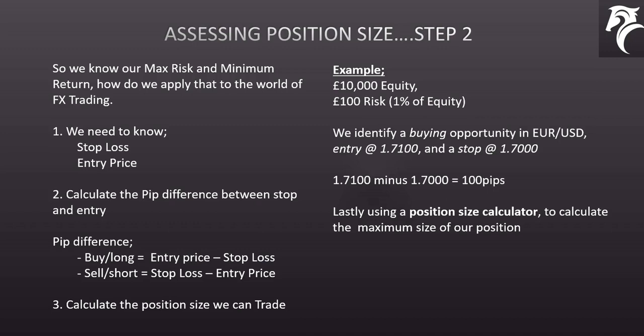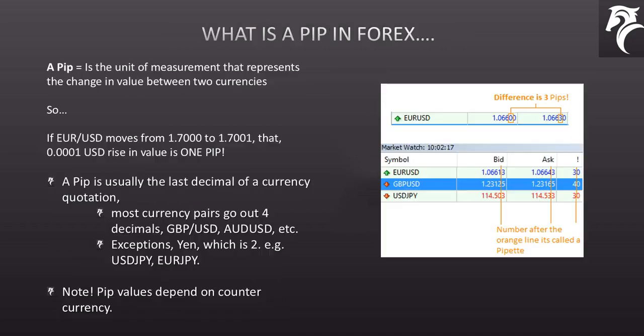Now some of you may be a little bit confused by the term pip, which I will illustrate as it is important for you to understand, and once we do, we can come back to finish off the position size calculation. So what is a pip in Forex? A pip is a unit of measurement that represents the change in value between a currency pair.